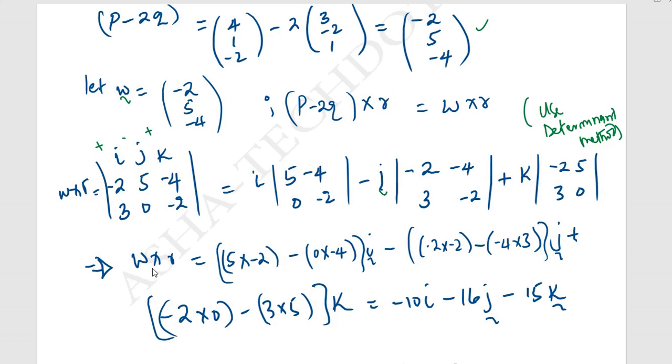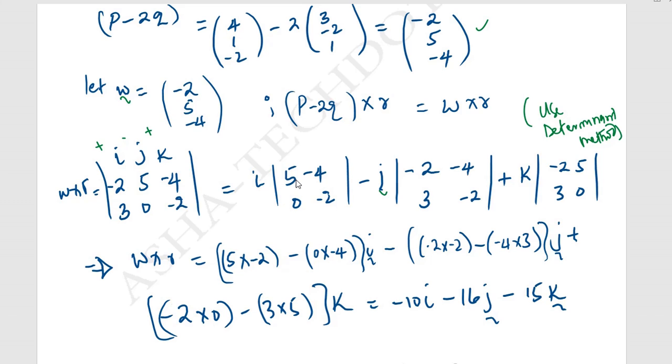So therefore, w cross r will be, I look for the determinant of all of these matrices. To get the determinant of a 2 by 2 matrix, I get the contents of the major diagonal, I multiply them together, and I subtract the product of the minor diagonal. I repeat.